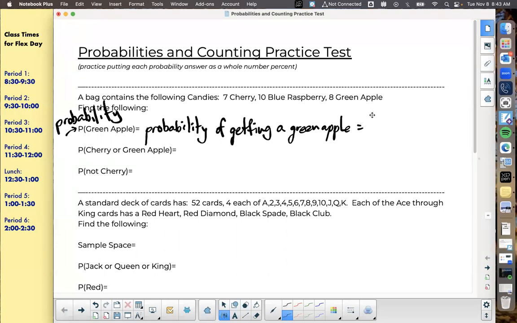The top number is how many green apple. The bottom number is going to be how many total candies.